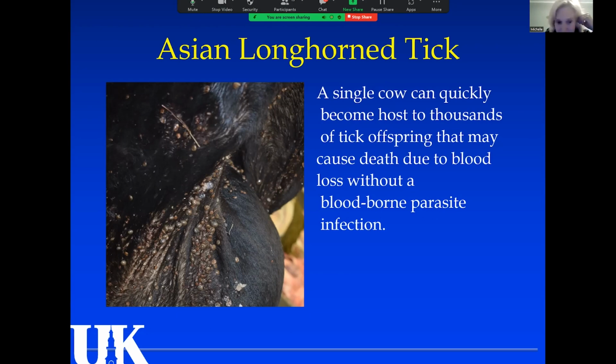It was covered in ticks, and they can suck so much blood so quickly that it basically exsanguinated that calf. Four days old.